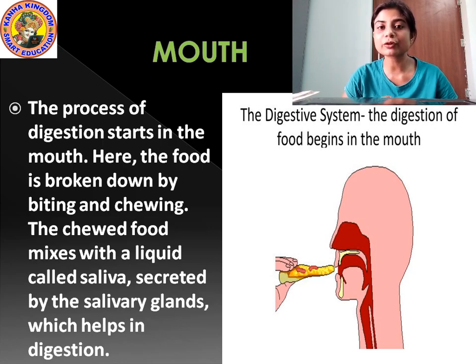That means the food that we eat is easily swallowed inside our body, which helps in digestion. So this is the first process of digestion inside our mouth. Understood?